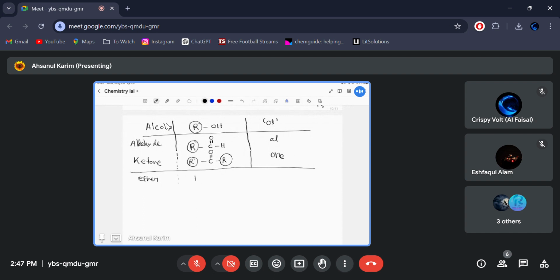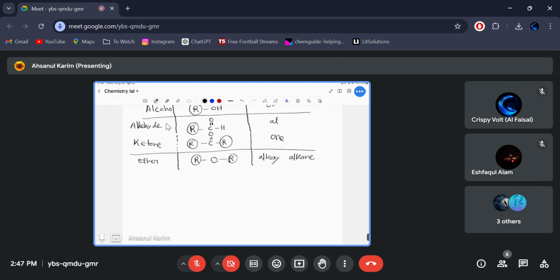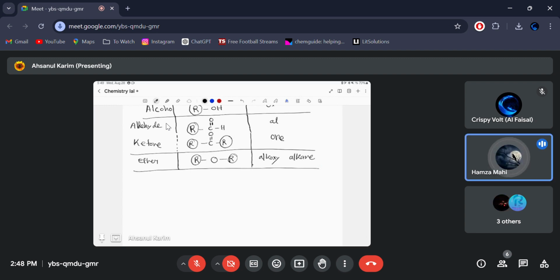The structure of ether is something like this: ROR. You have an oxygen bridge, and the name is alkoxy alkane. I'll show all the examples. After that, do you have formaldehyde?